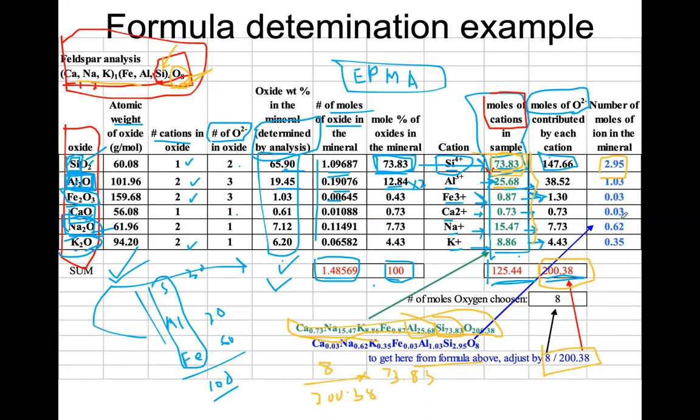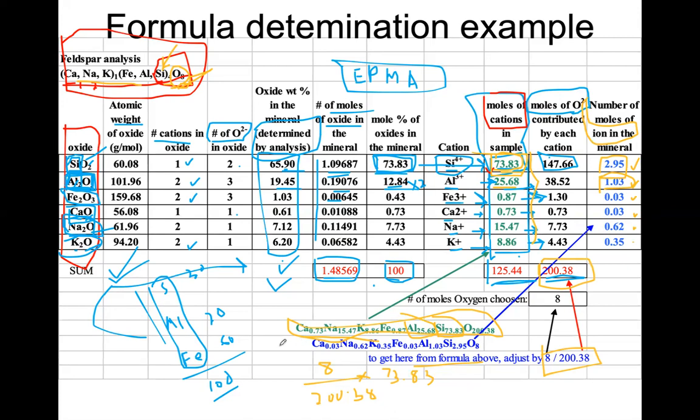So likewise, you have to recalculate this formula so that you get the minimum number of moles of ions required to represent this particular mineral, in this case feldspar. So you get silicon 2.95, aluminum 1.03. Likewise, you get some numbers, right? So that is the simplest formula you get from this analysis.